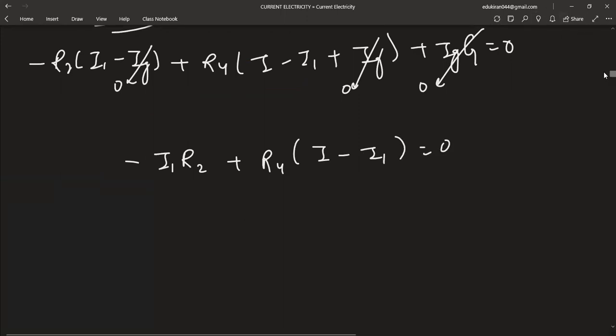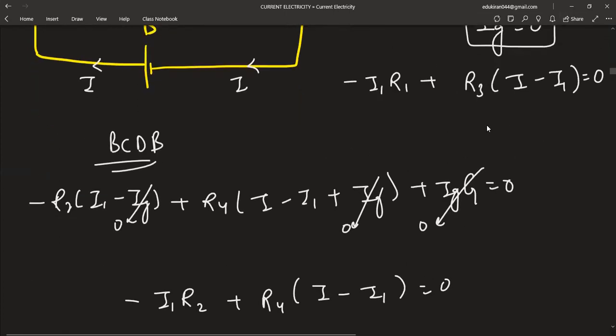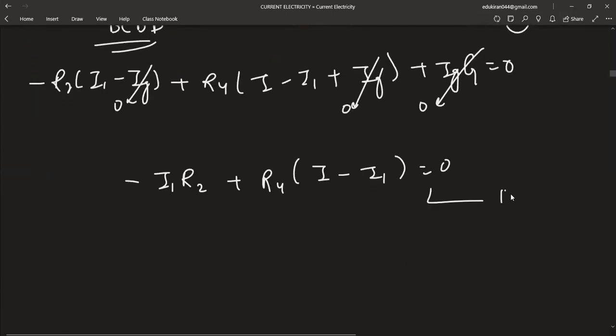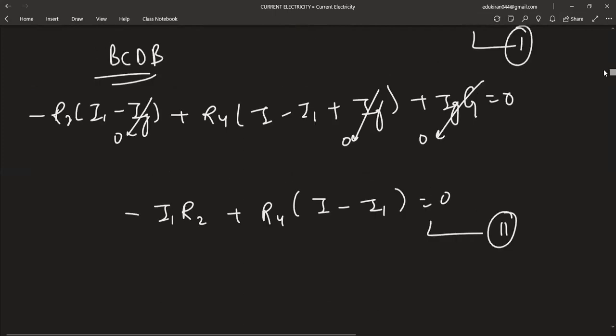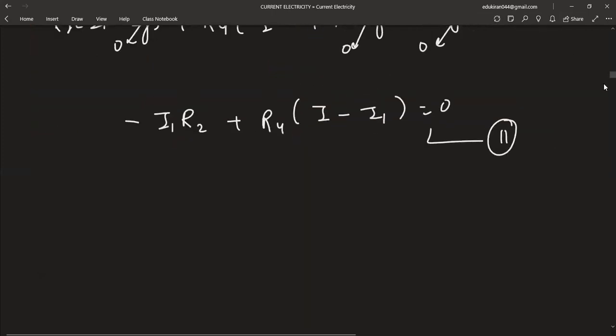Now class, let's have a look on both of these equations, this equation 1 and this equation 2. Let's divide these two.